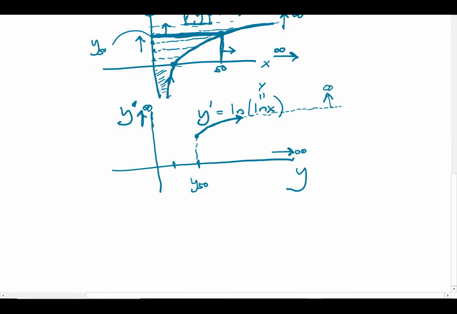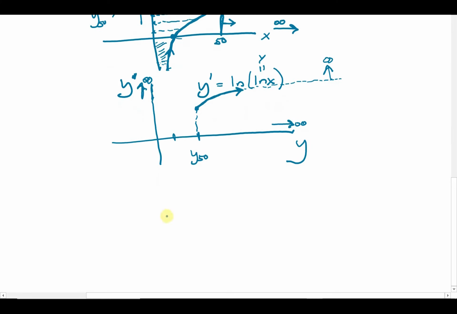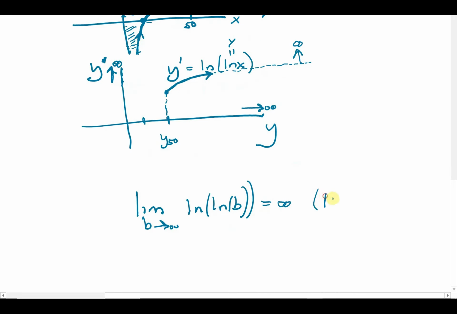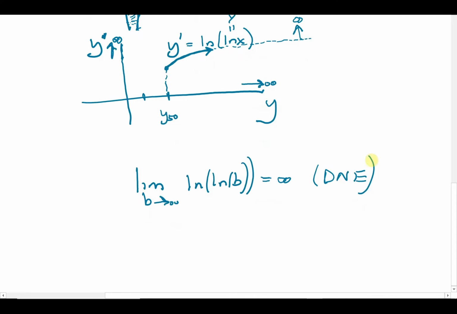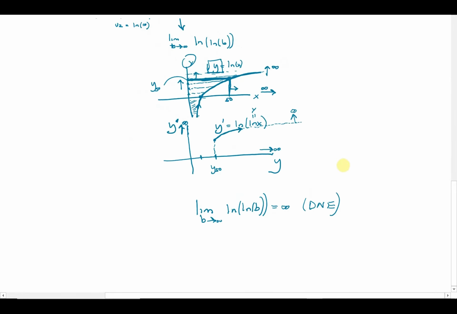So therefore, we know the limit as b approaches infinity of ln b is infinity. It basically does not exist as a point.